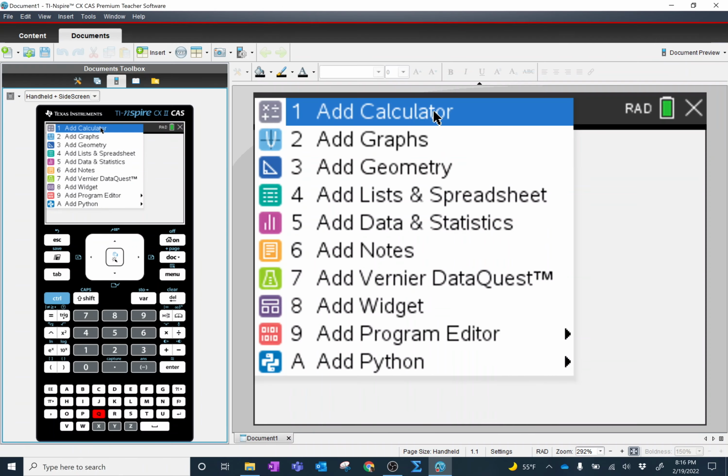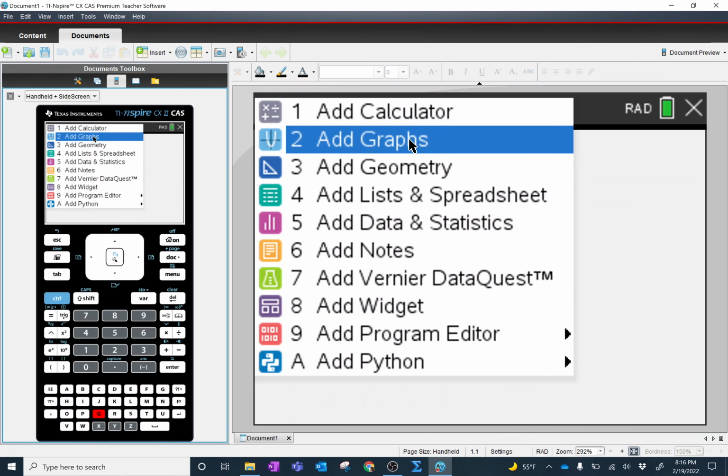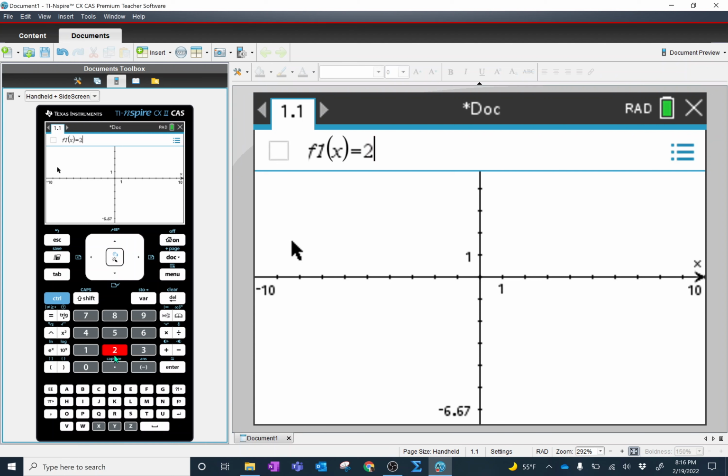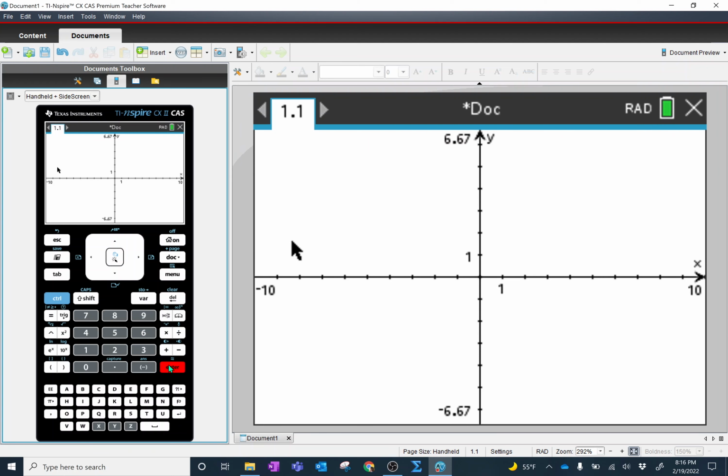All right, so let's take a look at how we would graph this. Let's add graphs to our document. In F1, we're going to put 20. Okay, so we can't see it, so we're going to have to adjust the screen. We'll do that in just a moment.